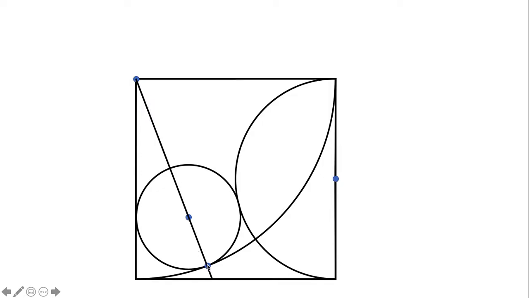So where they just touch each other, if I draw a line perpendicular to where they cross, that will go through the center of both circles.